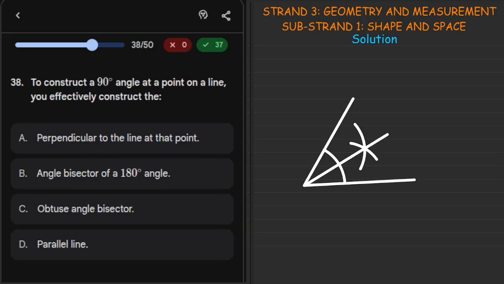Question number 38. To construct a 90-degree angle at a point on a line, you effectively construct what? What are we actually constructing?